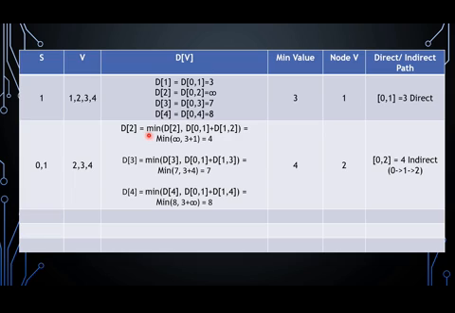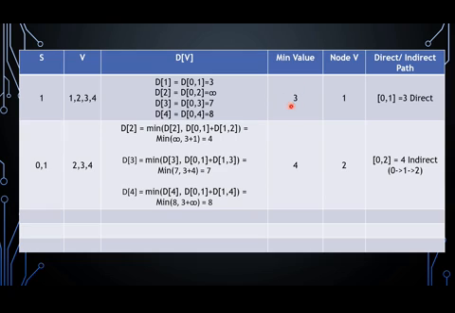So how do I find out? D of 2 is minimum of d of 2, which is the value from the previous step, and the second part says using 1 as intermediate: distance from 0 to 1 plus distance from 1 to 2. Okay. So what was d of 2 in the previous step? Infinity. What is d of 0 to 1?